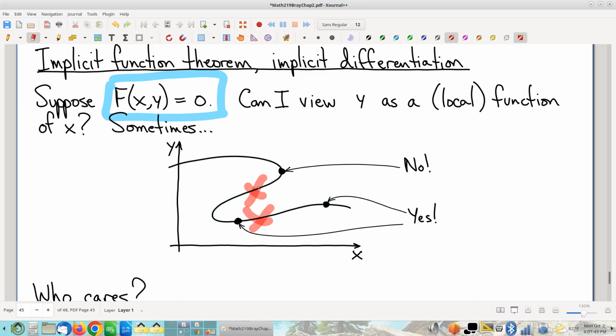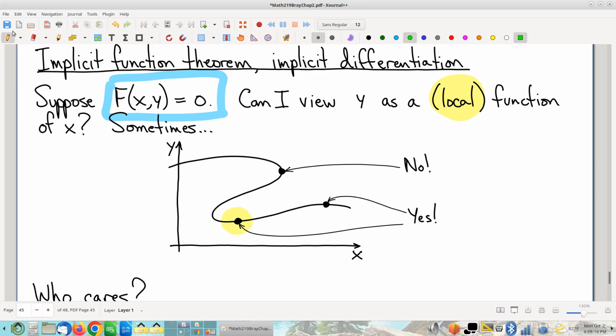Here's the question: can I view this locally as being a graph? Let me explain what locally means. Locally says at a given point, such as this point right here, I'm going to consider only nearby points.